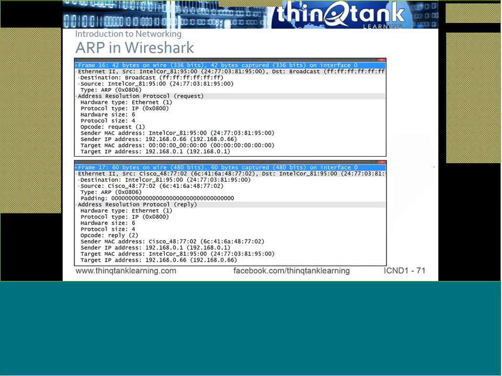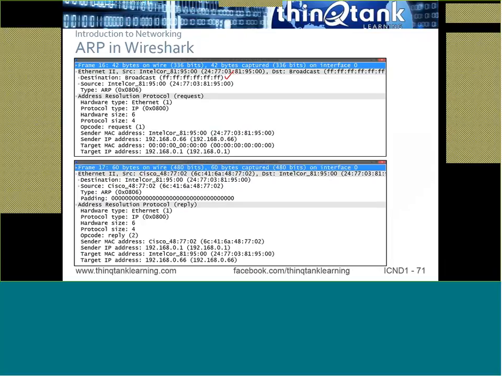Well, first of all, ARPs are broadcast at layer 2. This is important because when a switch receives an ARP request, it floods it.